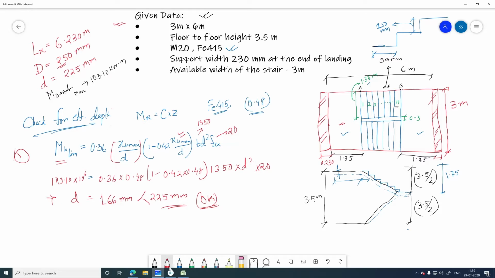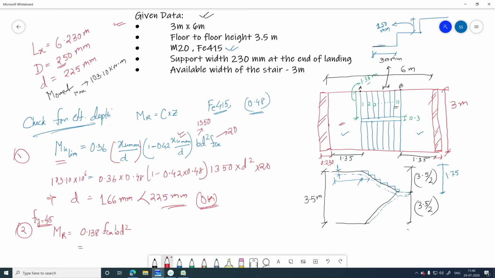Okay, there is another method that you can check this by calculating the moment of resistance. So the moment of resistance for fy equals 415, the formula you already know, I have derived, that is 0.138 fck b d square.